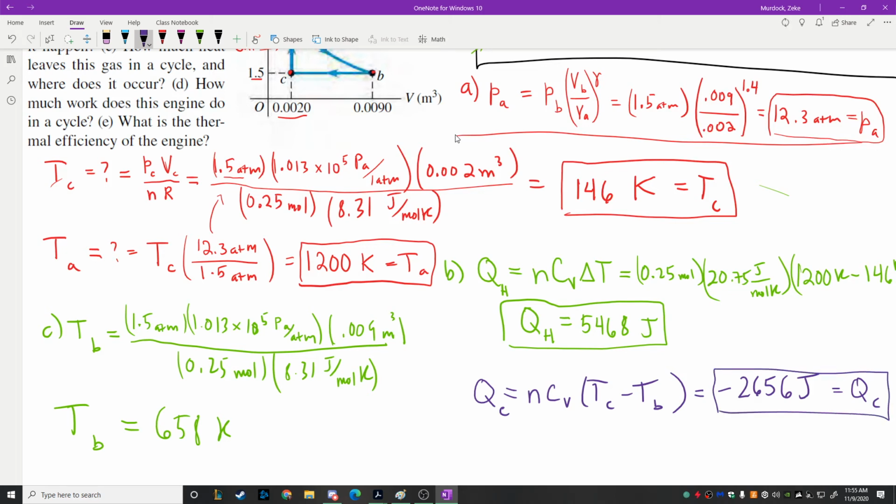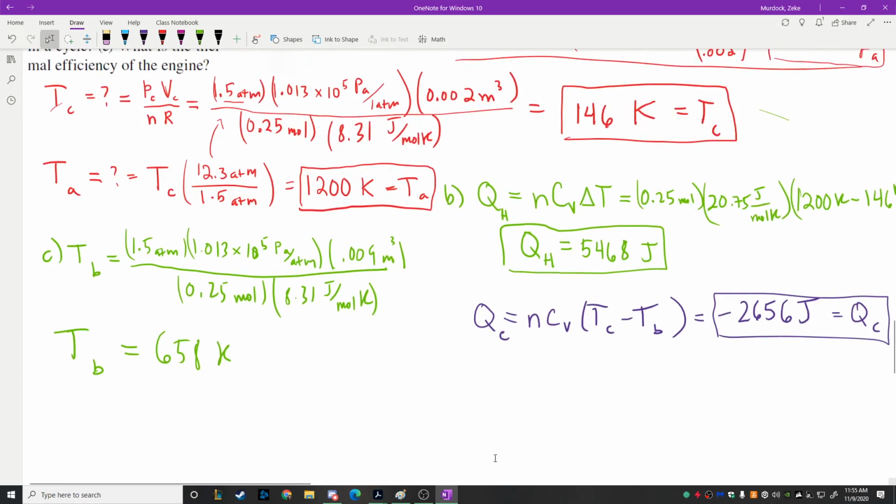And then how much work does the engine do? If we have QH and QC, what do I need to do to find the work done by the engine now? If I know QC, which is the energy expelled by the system, and QH, which is the energy that comes into the system, how much work is done by the system?